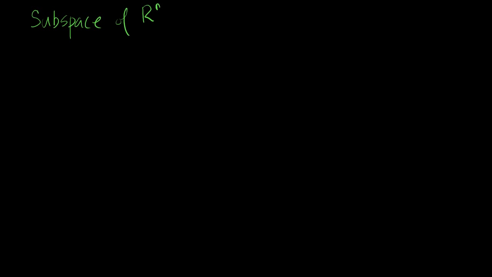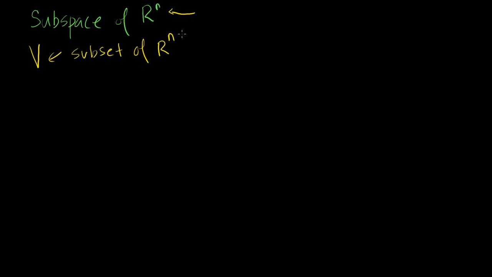I'm going to say that a set of vectors V is some subset of Rn. We already said that Rn, when we think about it, is really just an infinitely large set of vectors where each of those vectors has n components. I'm not going to formally define it, but this is just a set of vectors.